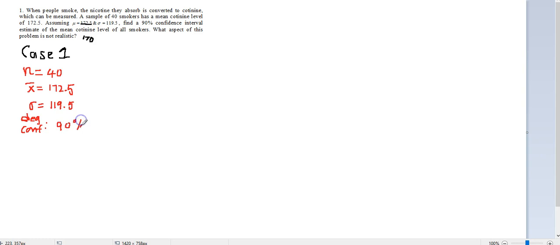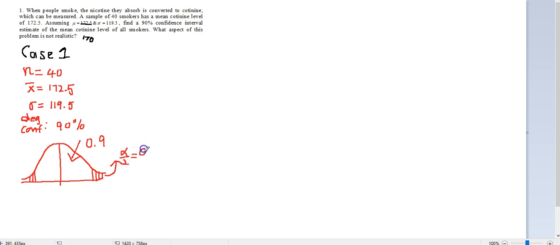Okay, now let's find the critical value for 90%. Remember that in order to find the critical value, you're going to have to divide alpha by 2. Over here, we got 0.9, so that means the alpha here is going to be divided by 2.